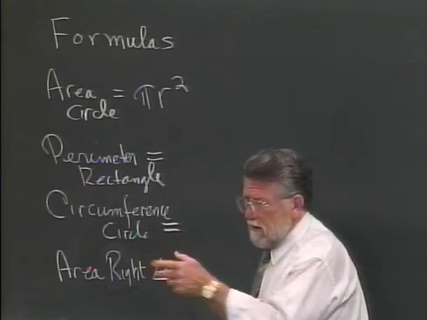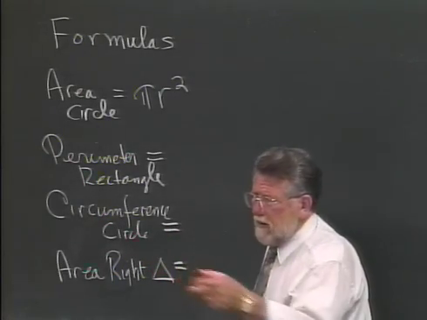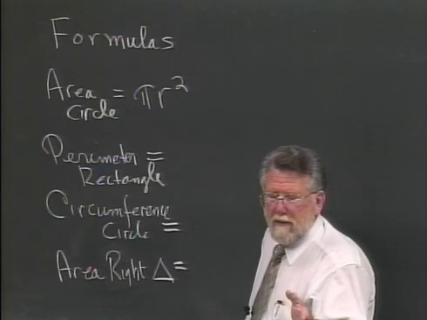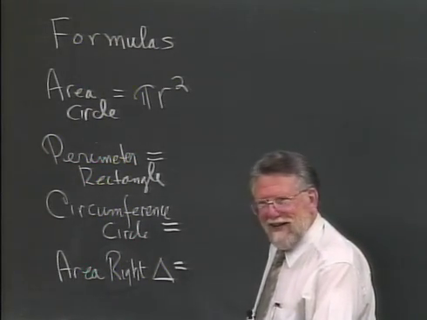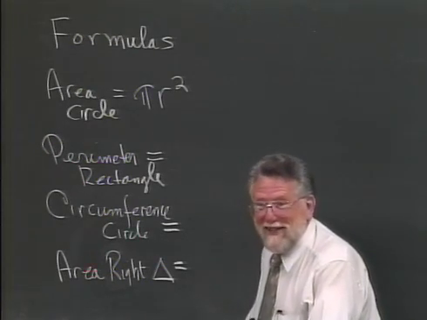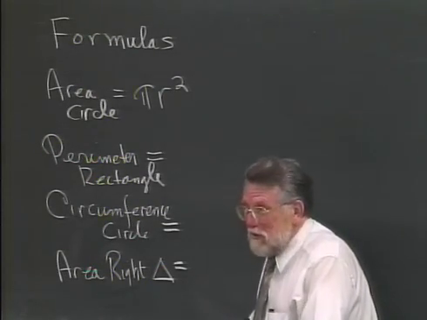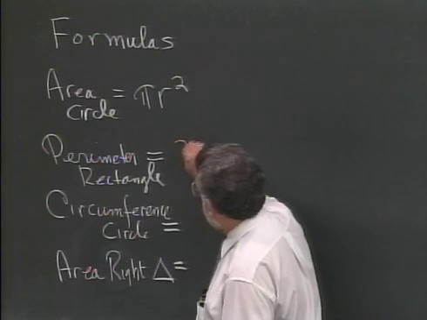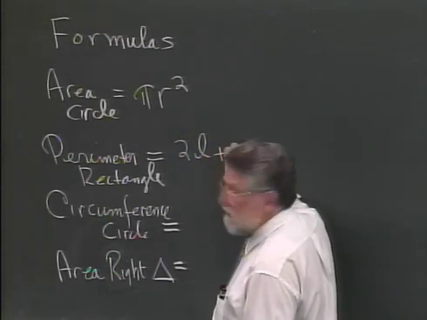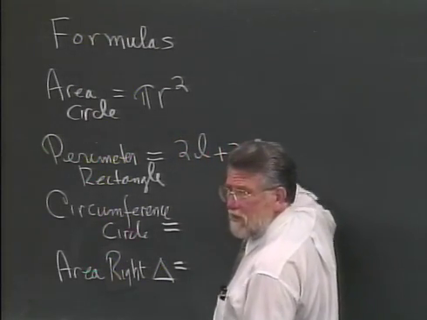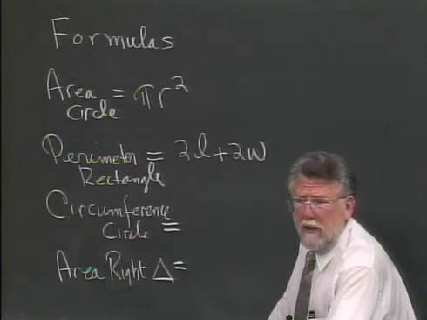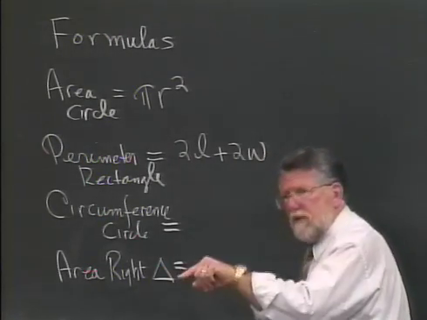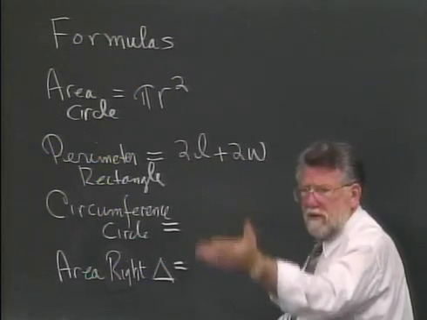Okay, I heard something about length. Say that again, please. 2 times L plus 2 times the width, right? Because you think of going for a walk: you walk the length, then the width, then the length, and then the width. So 2 L's and 2 W's.